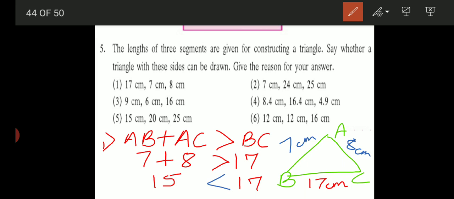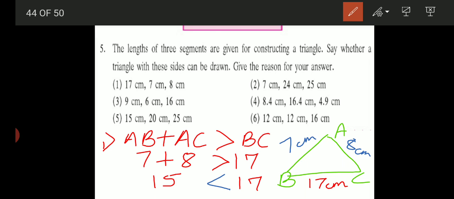When I combine the remaining two sides, I find that the value of the two sides is 15 and the third side value is 17. So where is the greater sign now? It is towards the third side. So obviously you can see that it is not fulfilling the property of the triangle.